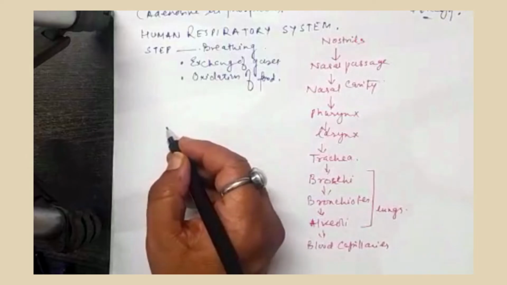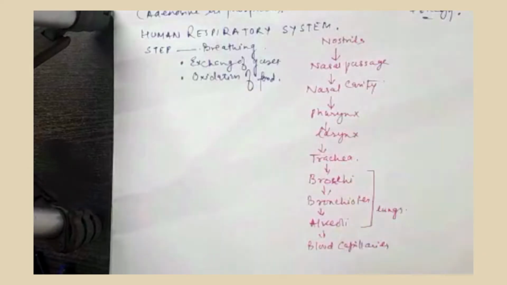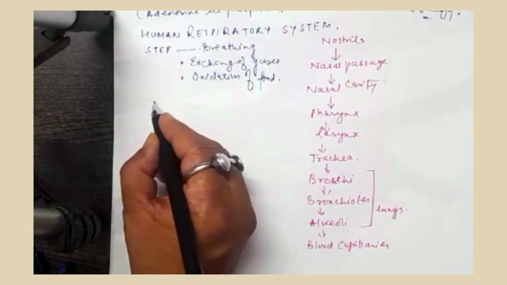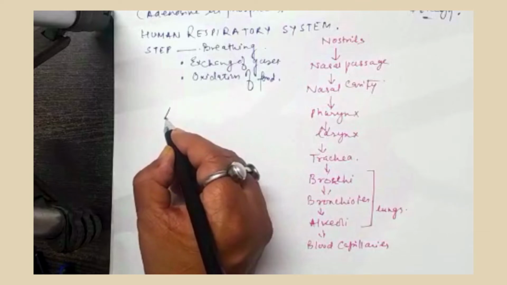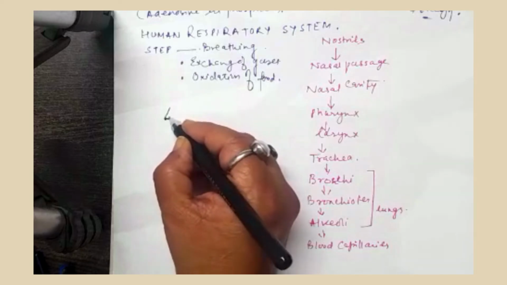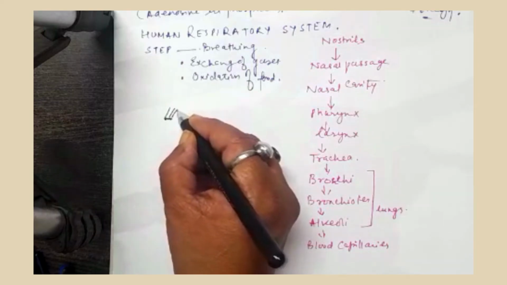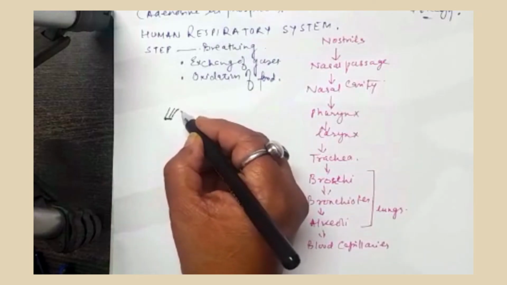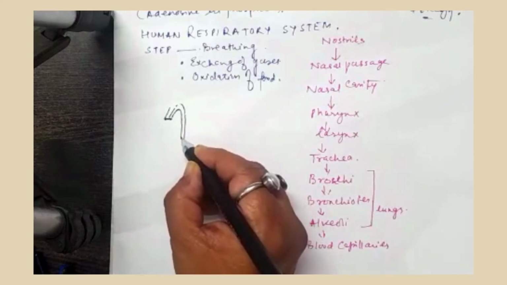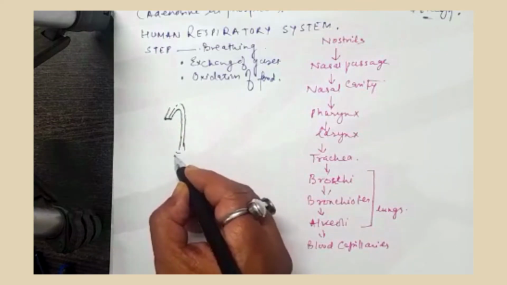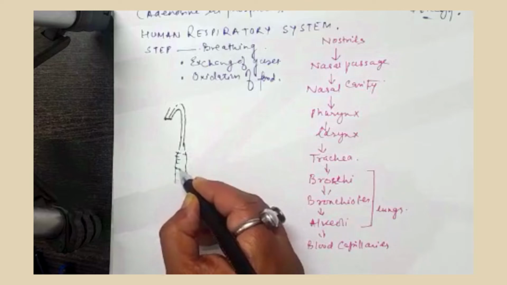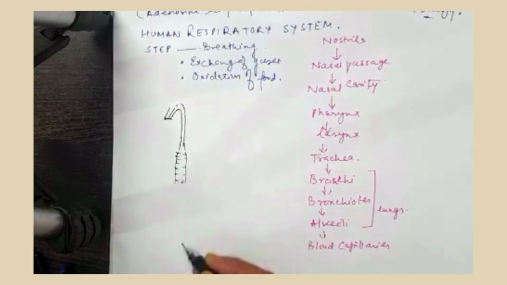Now let me make the diagram of how these passages are there inside our respiratory system. Now see, this is the nose, and here are nostrils, and this is the nasal cavity, and from here it comes down and turns into a pipe which is called trachea.